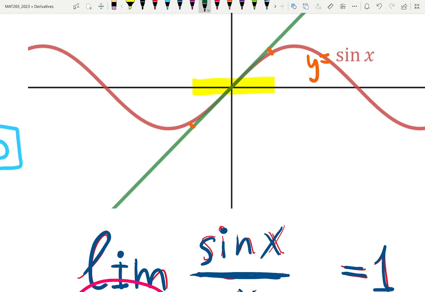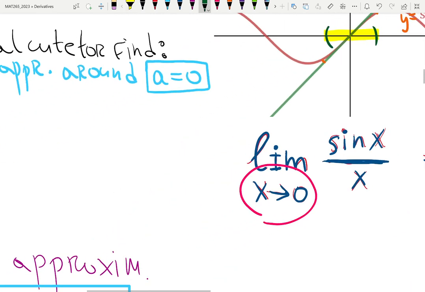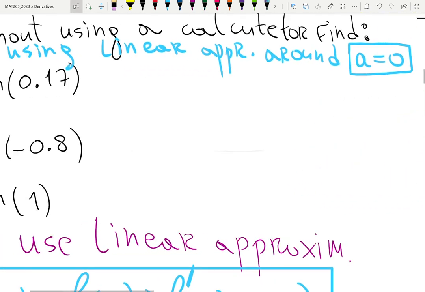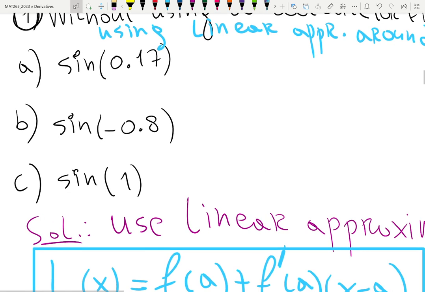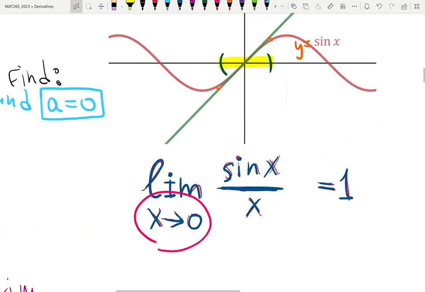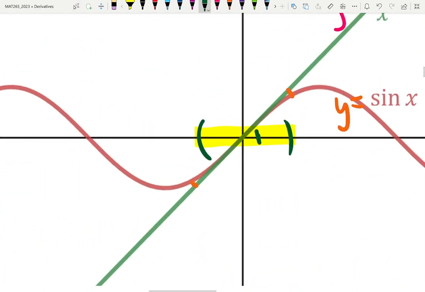Do you know why? Because we already know what it is at 0, and it's really close to 0.17 and very close to 0.17 minus 0.8. So you notice the numbers we try to calculate are close to 0. That's also good. That means the error will not be too large. 0.17 is over here.